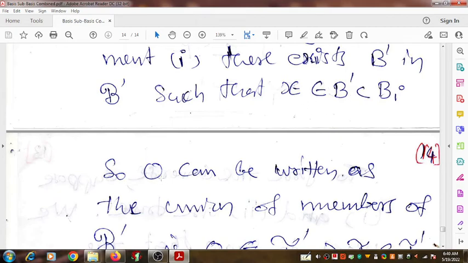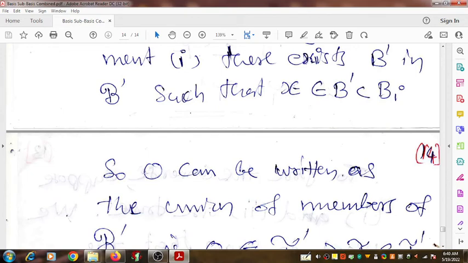I repeat, every element of O. O is an arbitrary open set, arbitrarily chosen from τ. So O is a member of τ.